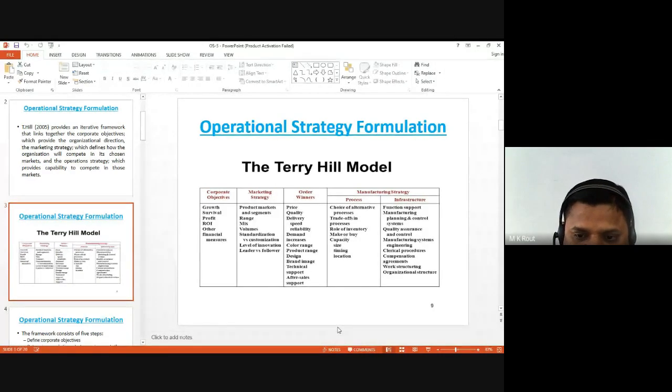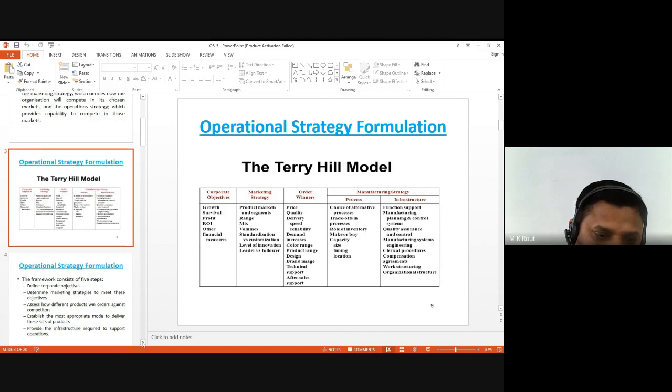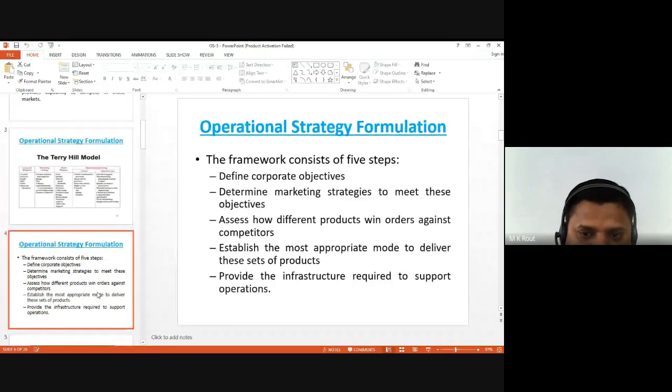The next is compensation, agreements, work structuring, and organizational structure, which are included in the infrastructure that supports the process and enhances different activities in your operational strategy, as far as the Terry Hill model is concerned.